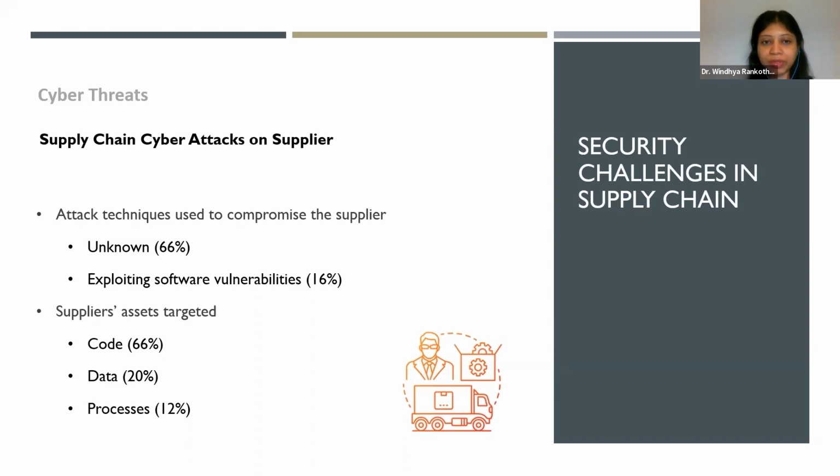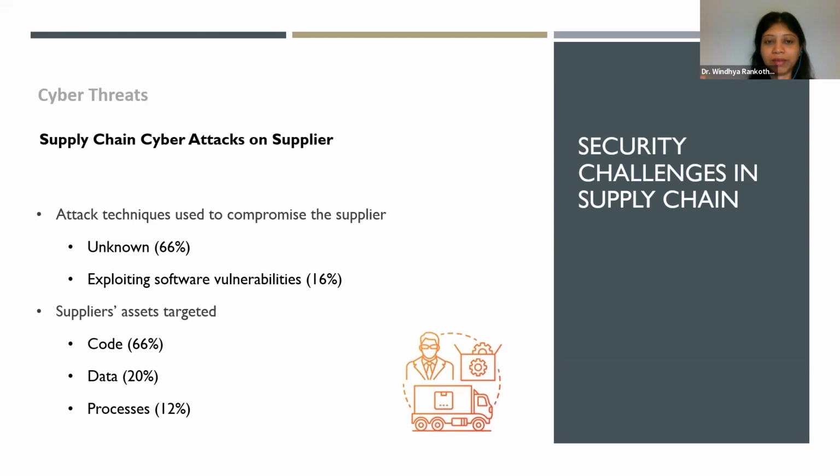From my experience, one reason for these unknowns is that most attacks are not a single attack. We know there are different kinds of attacks: phishing, malware, ransomware, denial of service, man-in-the-middle attacks. But in most cases, attackers combine one or two or more attacks to attack the network or the system. In that case, it's very difficult to detect the attack type because it's a combination. Sometimes attackers steal a password and use it to carry out a DOS attack.